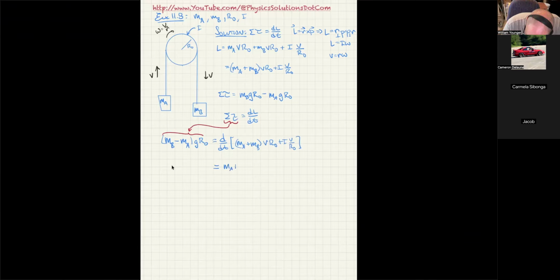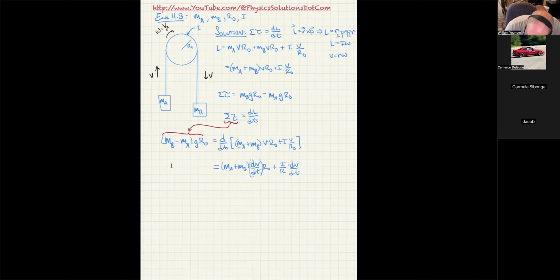So we're going to get (mA plus mB) times dv dt times r0, and that derivative is acting only on the v because the r0 is a constant. And then the I over r0, and I'm going to get a dv dt over here. So that is what we call the total Newton's second law.